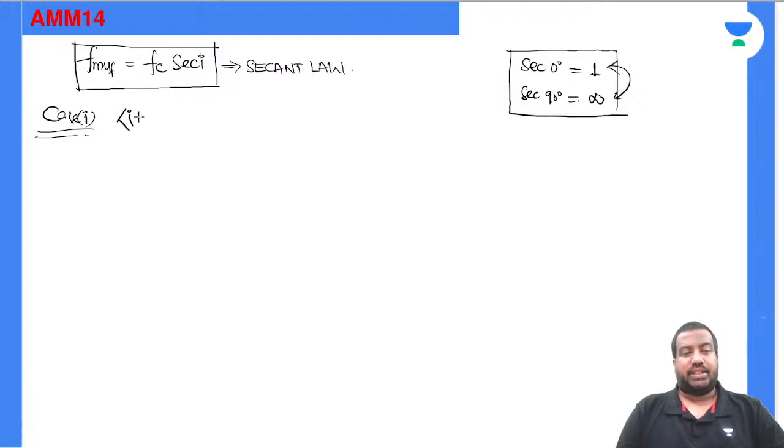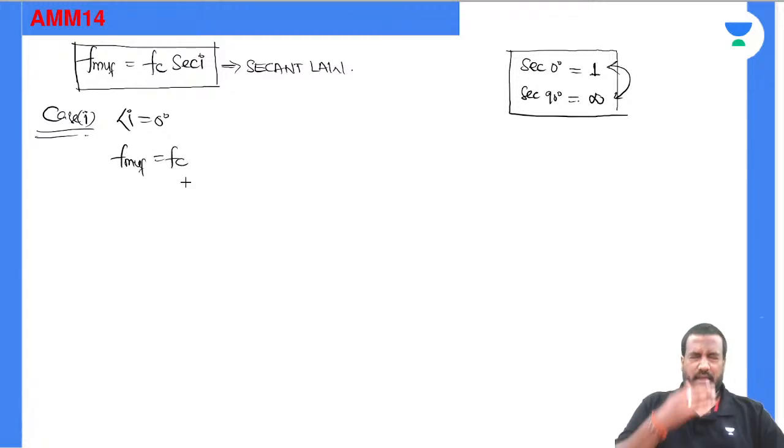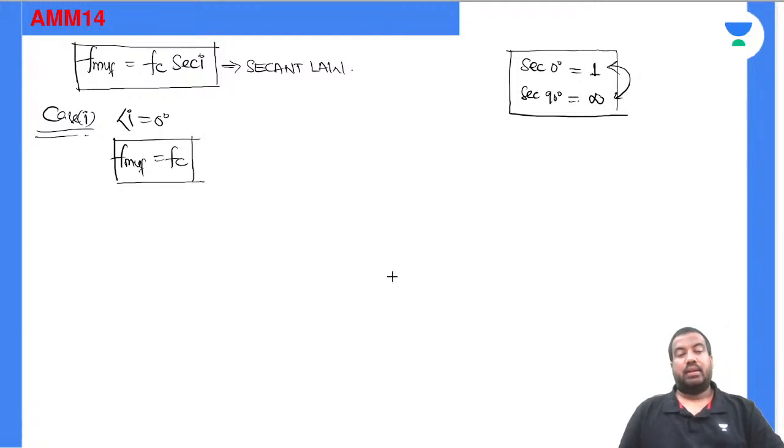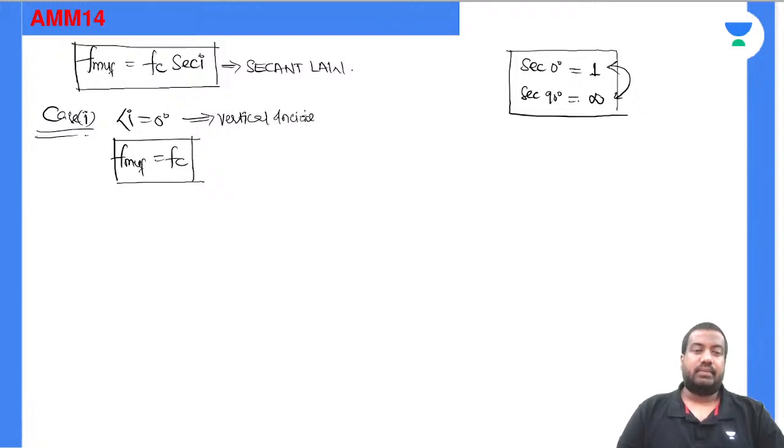Now if you take case 1, the incident angle is 0 degrees, secant 0 is 1, FMUF is equal to Fc. That means what? Incident angle 0 means vertical incidence.